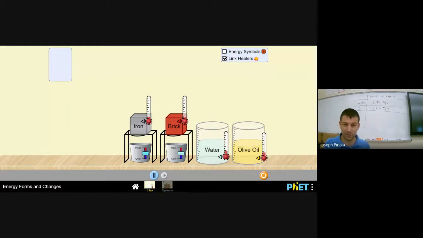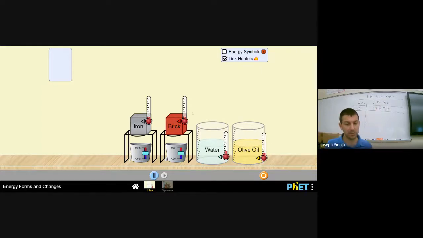Remember, temperature, or more specifically temperature change, and specific heat capacity have an inverse relationship. If an object has a very high specific heat capacity, like water, its temperature will not change very easily. However, if an object has a very low specific heat capacity, like oil, its temperature will change very dramatically.